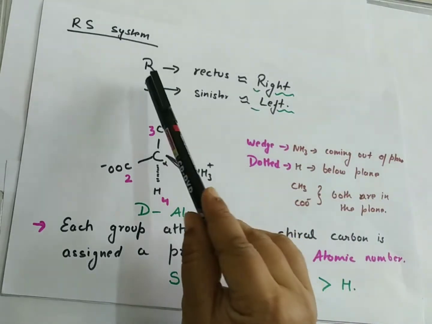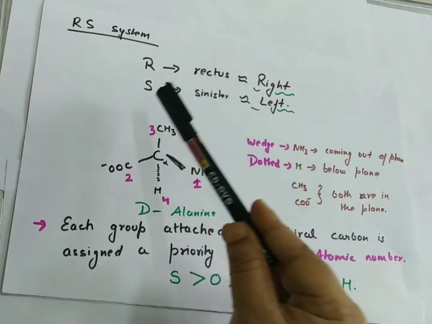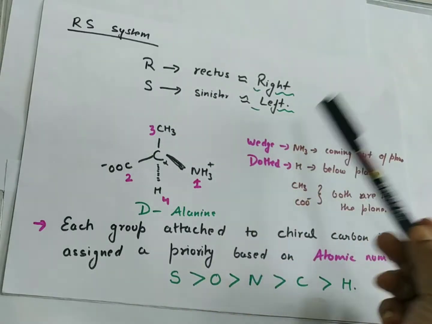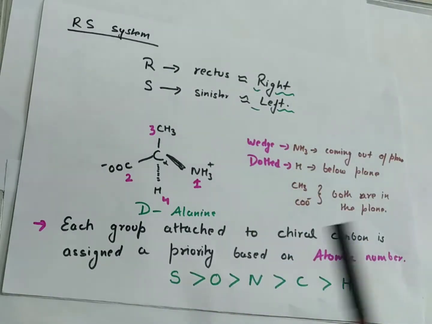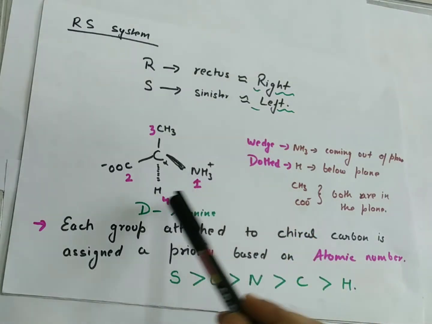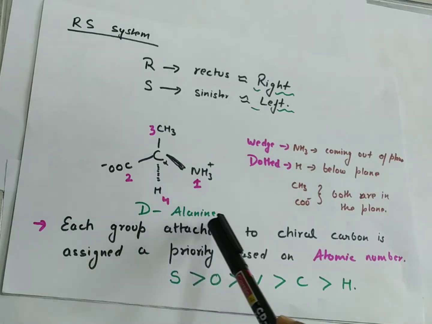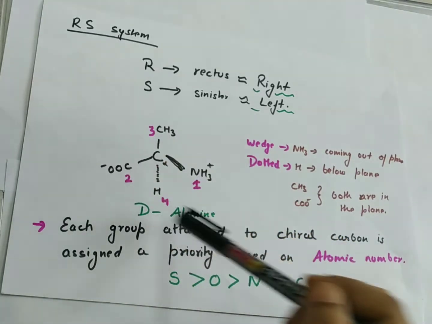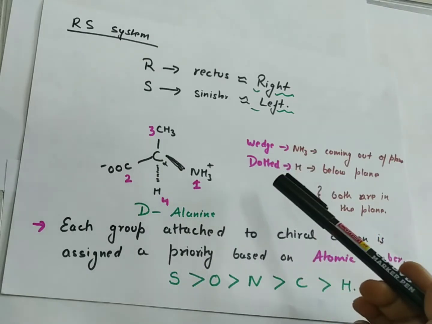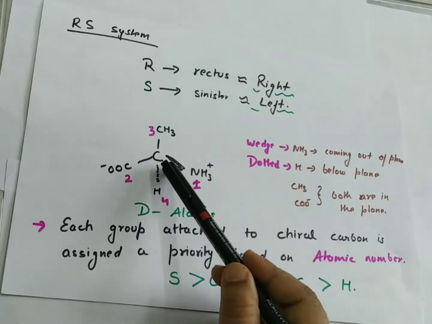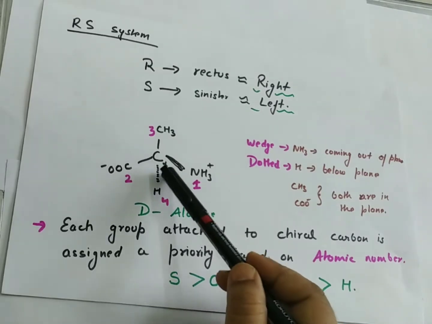In the RS system, R means rectus, S means sinister; R stands for right, S stands for left. Now we'll see how. We have taken the example of D-alanine here. This way of depicting D-alanine is called the wedge form.